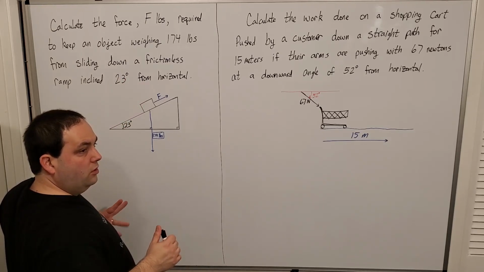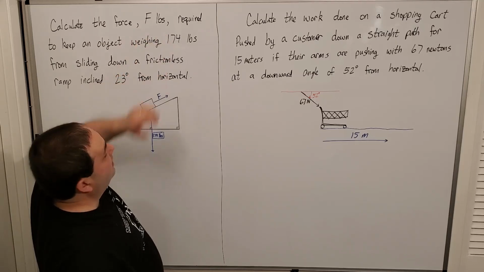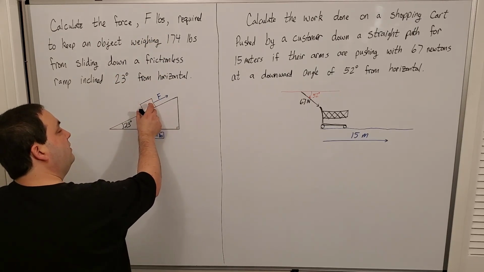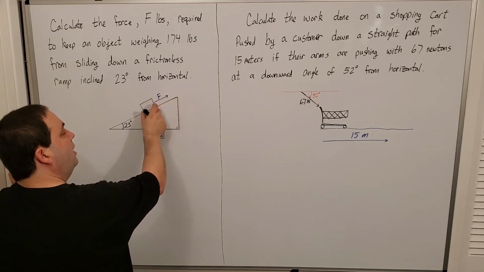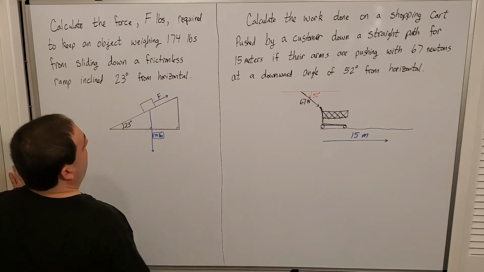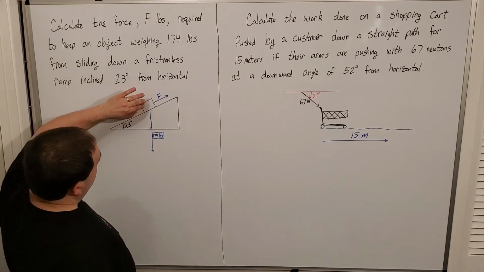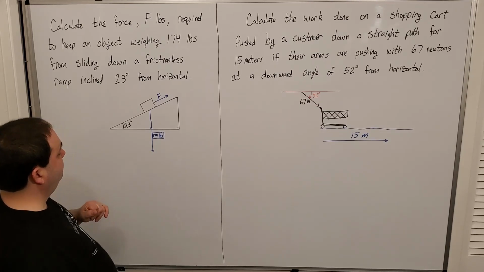In other words, the minimum amount of pound force that it would take to just keep it. You don't want the object to start moving, and you don't want it to start slipping back down. To just hold it in place is going to be directly related to how much the object weighs.